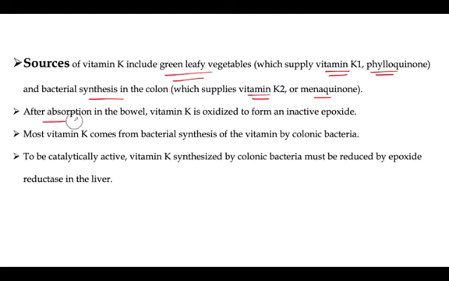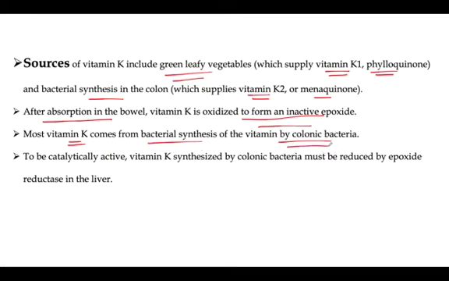Now, after absorption in the bowel, vitamin K is oxidized to form an inactive epoxide. Most of the vitamin K that our body uses comes from bacterial synthesis by colonic bacteria.